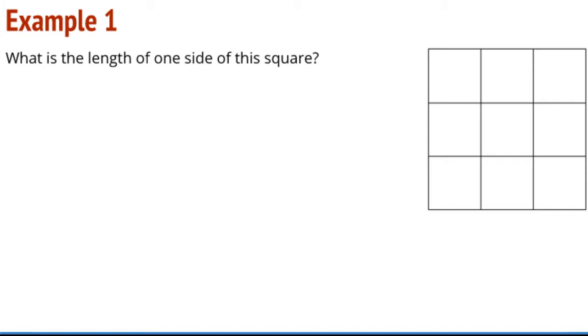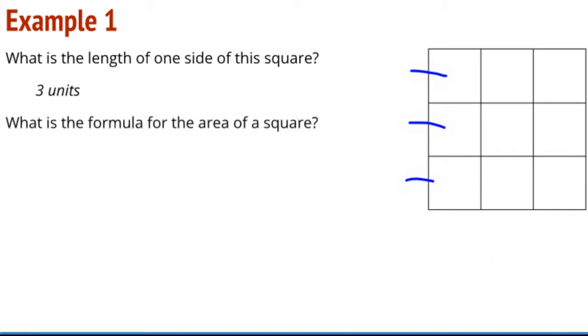So take a look at this first example here. What is the length of one side of this square? So we've got 1, 2, 3 units, and it's a square, so all 4 sides will have the same number of units on them. So if we want to find the area of the square, what formula would we use?